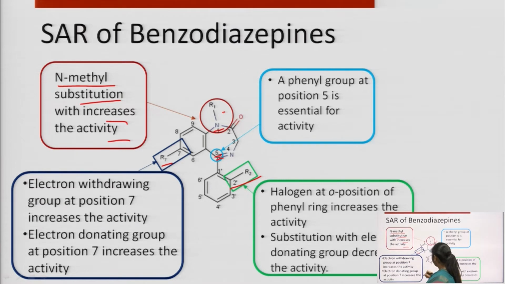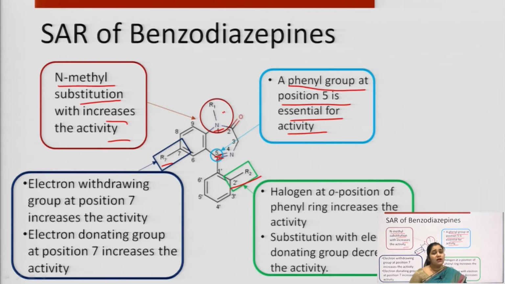After that, we have position number 5. A phenyl group at this position is essential for activity. Whether this phenyl is substituted or unsubstituted is another matter, but the position number 5 itself must be substituted with a phenyl group. So, the two things that we have studied yet: the nitrogen must be substituted to enhance the activity.